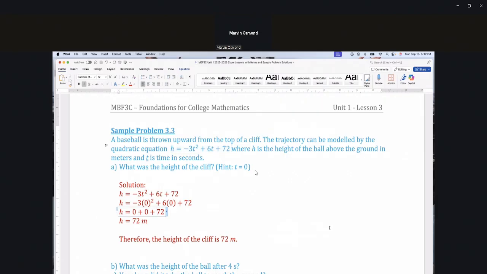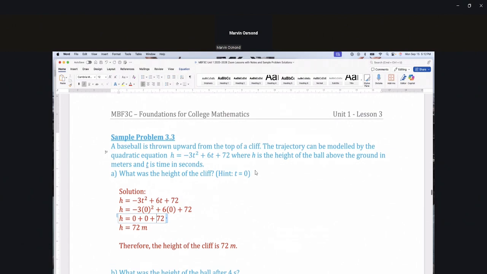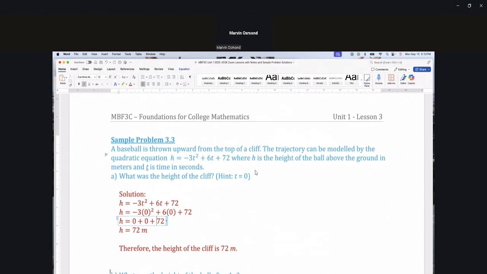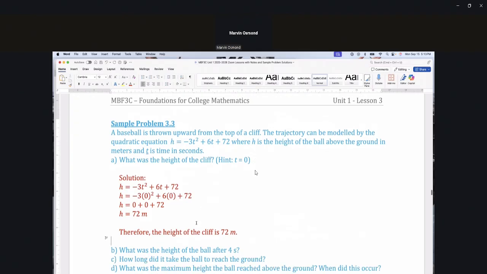And again, when you throw a ball, just before the ball leaves your hand, that's when you start your timer, if you're timing something. So that would be time 0. As soon as the ball, like the split second it leaves your hand. Okay. So therefore, the height of the cliff in this case is 72 meters. Now, once you get used to doing this, then we won't need to do this step anymore.